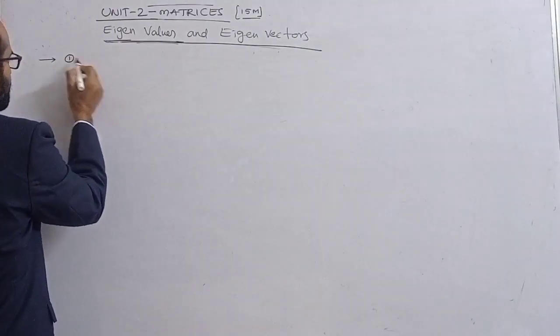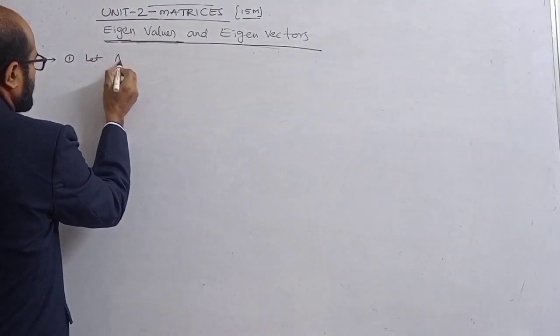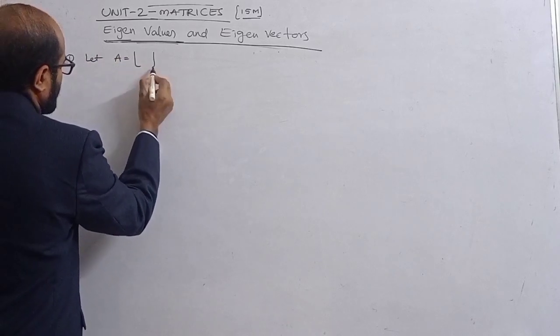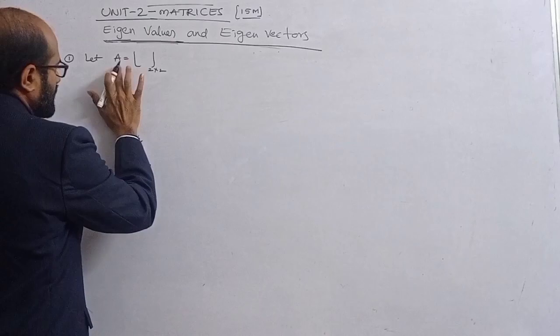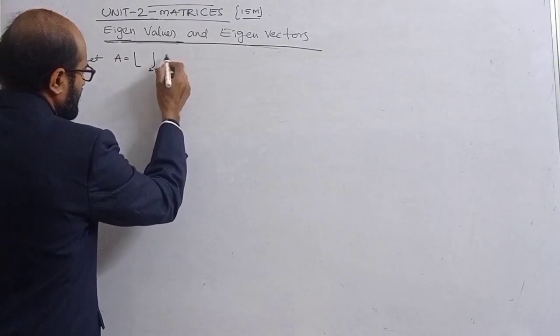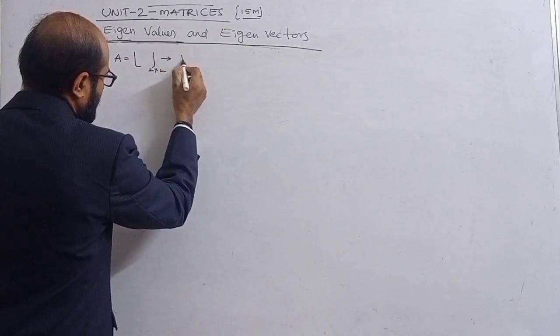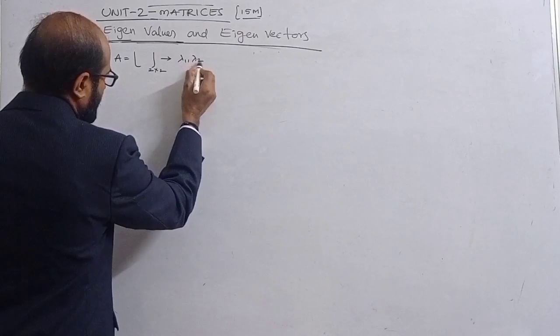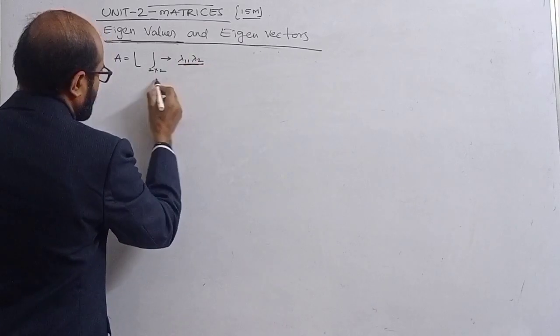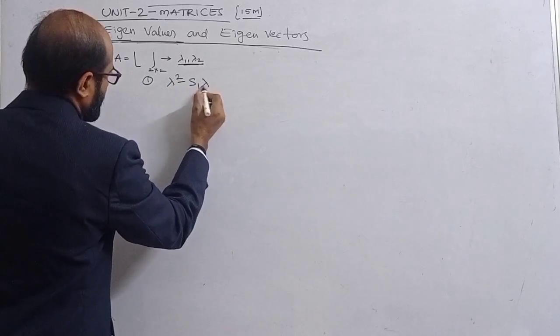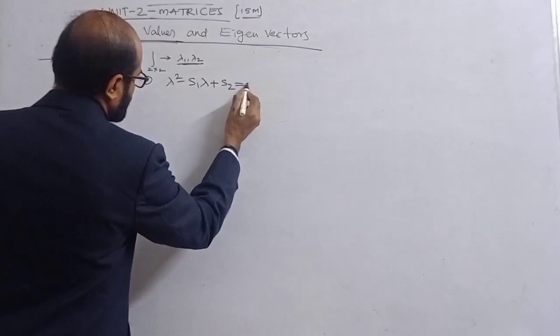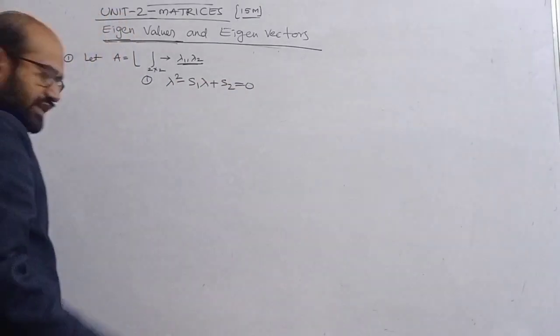The first one is, let A be a square matrix of order 2 by 2. Then we can find the eigenvalues lambda 1 and lambda 2 by using one formula. That formula is lambda square minus s1 lambda plus s2 equal to 0. Right?